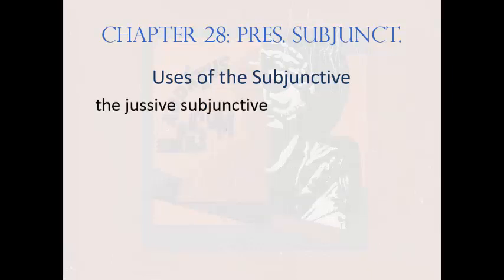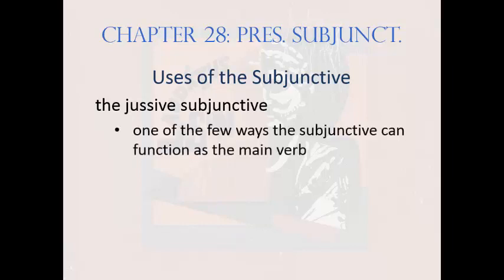Let's start with the only fully independent use of the subjunctive you're responsible for in this class, the jussive subjunctive. One of the few ways this mood, remember the subjunctive is a mood, can function as the main verb of the sentence. Jussive means giving an order.